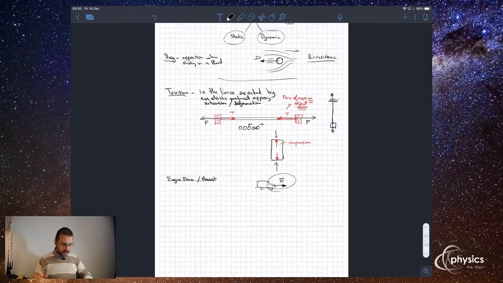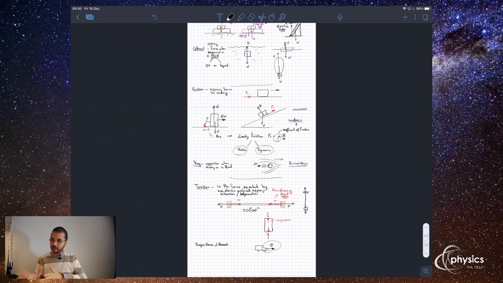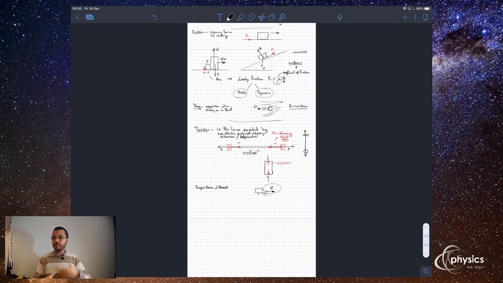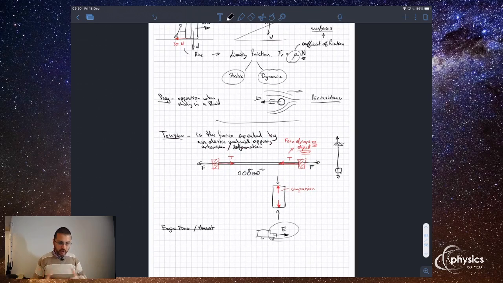So, let me quickly recap. The first group: weight, reaction, upthrust. Second group: friction or drag. The last group, which are forces we're going to encounter a lot: tension. So if you have an elastic object, an elastic band, a rope, or even just a beam or something like that, which is attached and can extend or compress itself, you have the tension or compression.